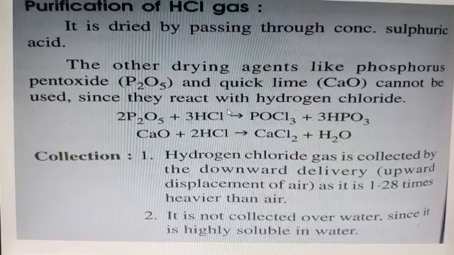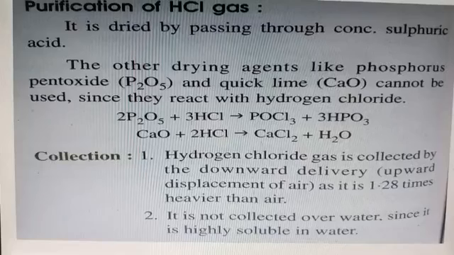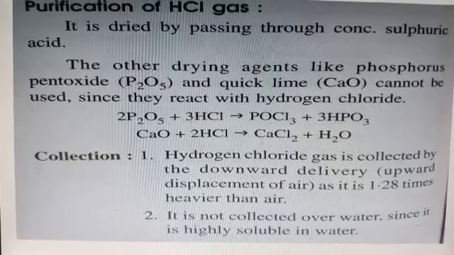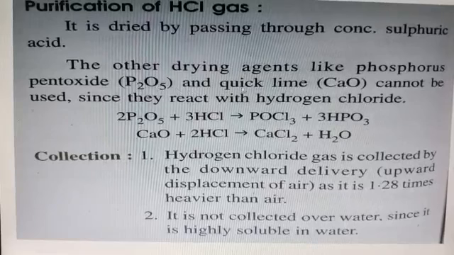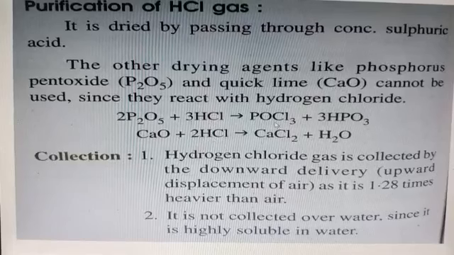Again, the question may arise, why are we using concentrated sulfuric acid in order to dry the gas that is prepared? Because we cannot use other drying agents like phosphorus pentoxide and quicklime, as they may react with the hydrogen chloride gas formed to give different products.